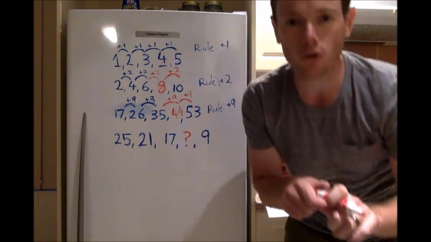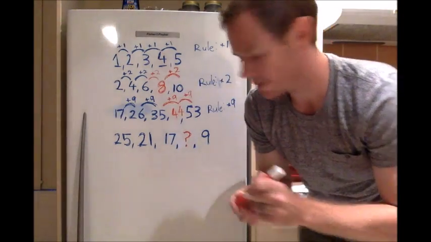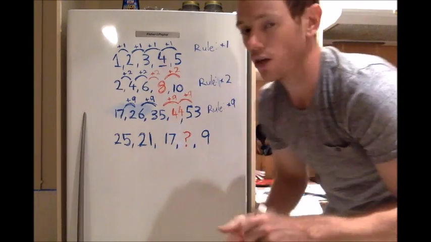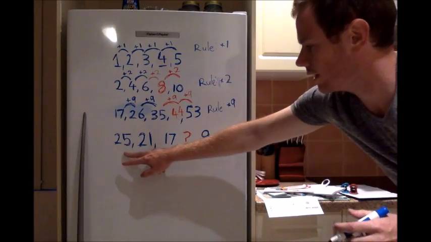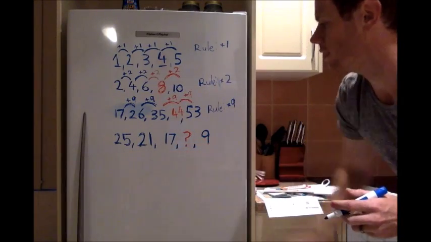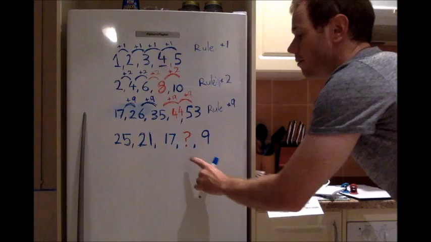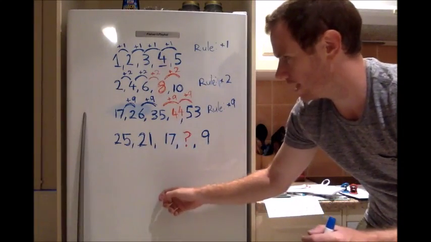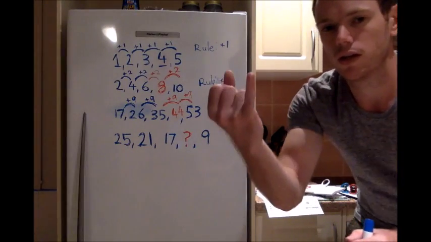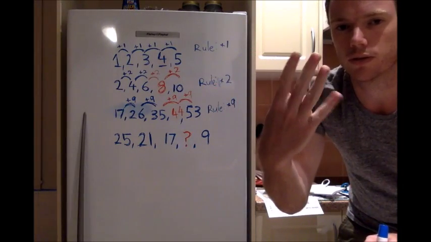But patterns don't always go up. Sometimes they can go down. And that is what this pattern is doing here. So if we look here, we've got 25, 21, 17, something, and then 9. So if I look at 25, I need to go down to 21. So I'm going to go 25, 24, 23, 22, 21.